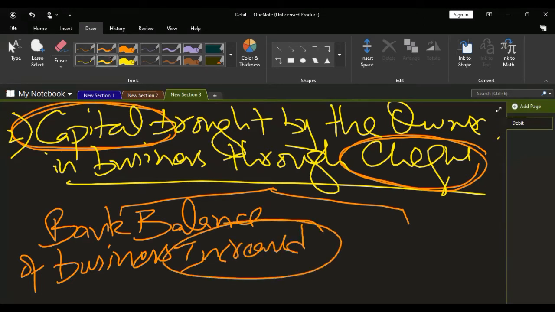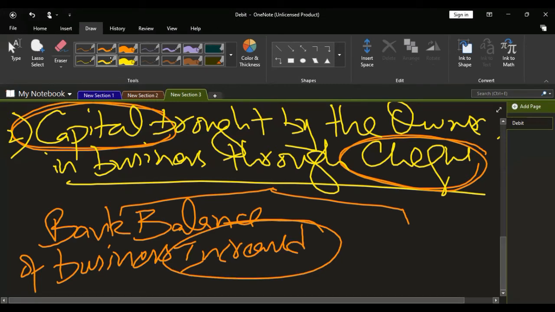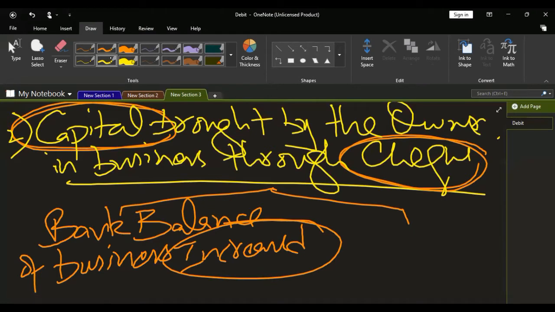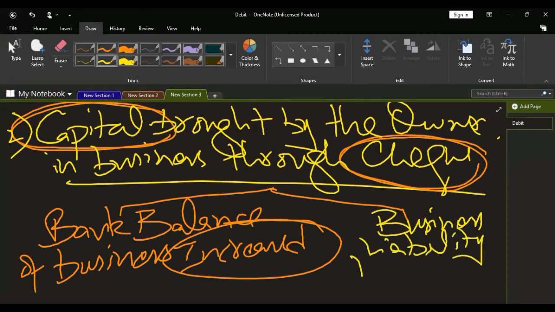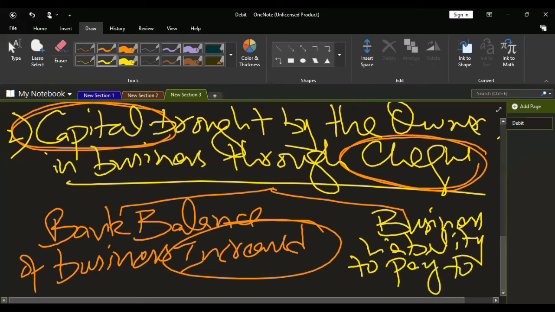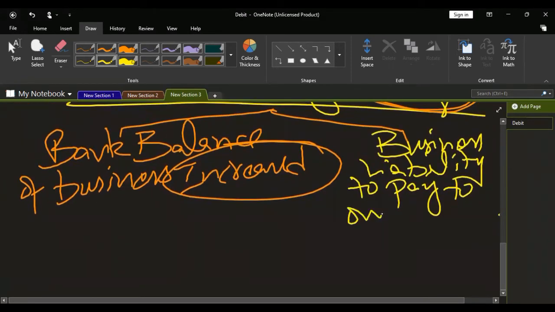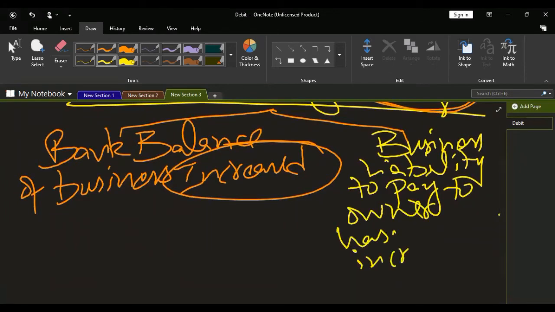And the second effect is that the business liability to pay the owner has increased.